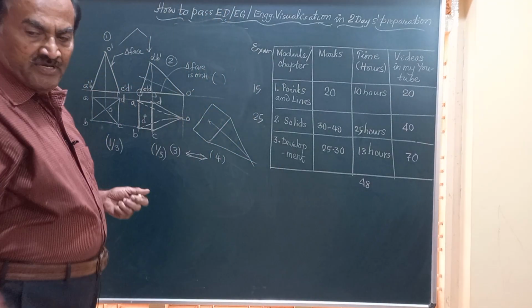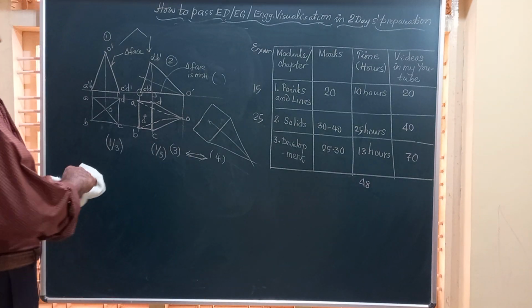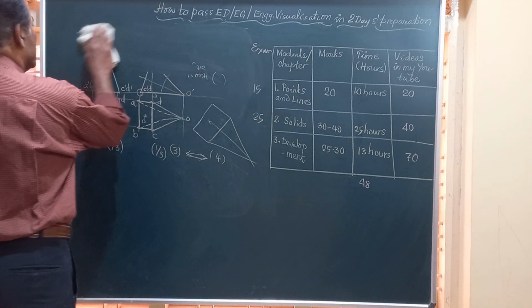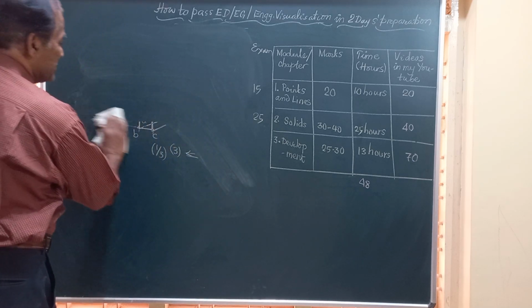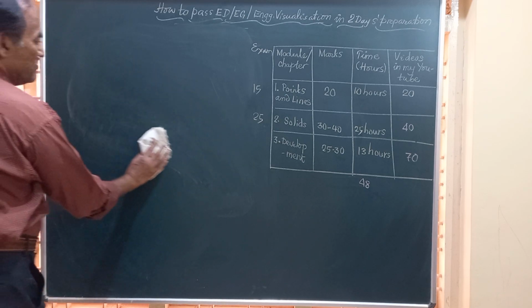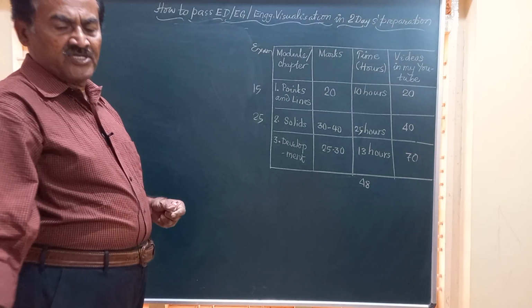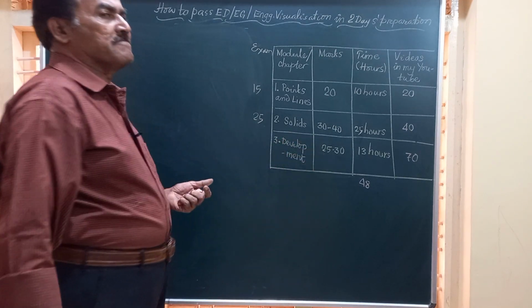Now, friends, coming to the third question which you are going to attempt in the examination with the preparation you have in 2 days. So friends, this particular module generally carries 20 to 30 marks, say 25 to 30.